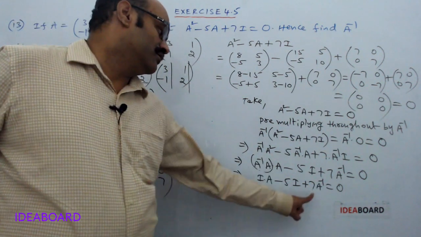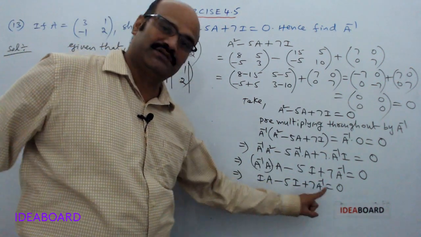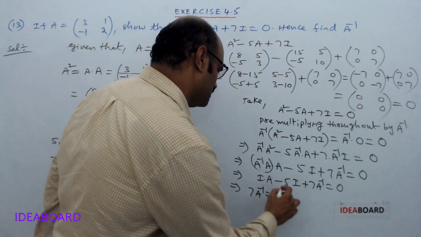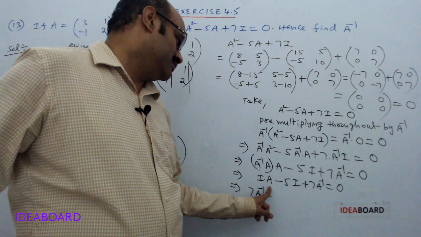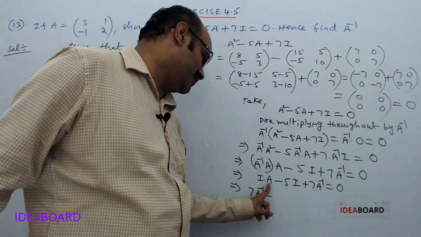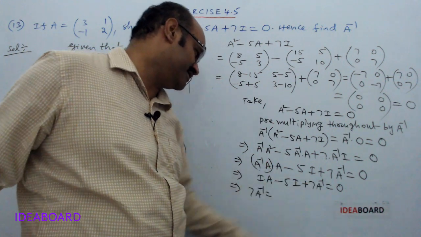Now we have to find A inverse here. So it implies 7 A inverse equal to minus IA plus 5I, moving from LHS to RHS.